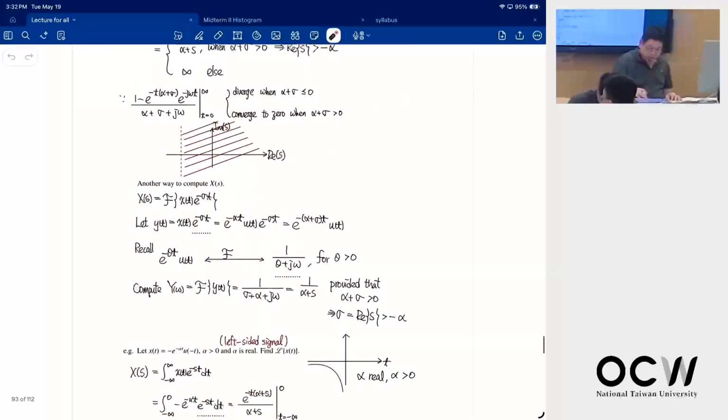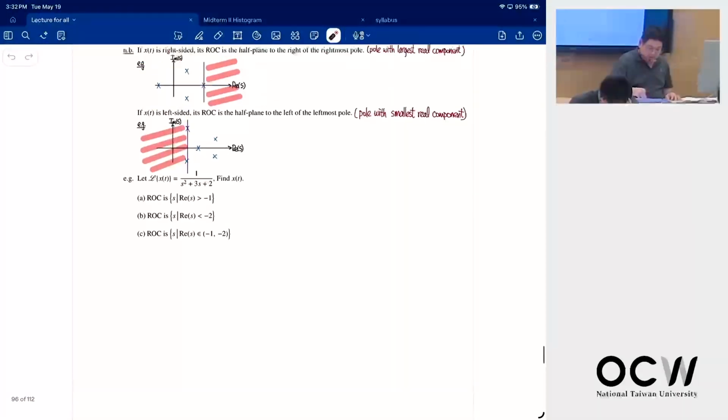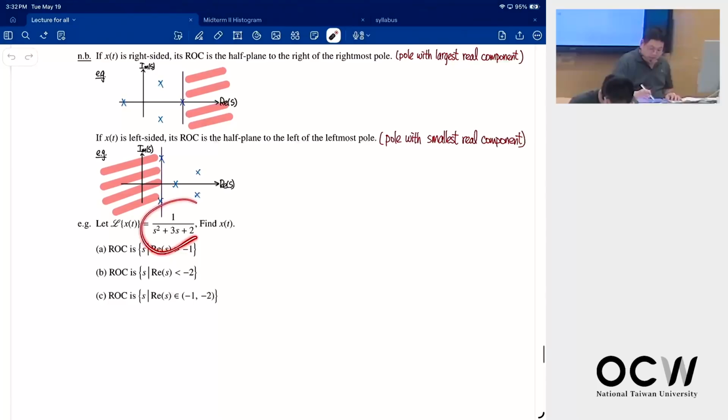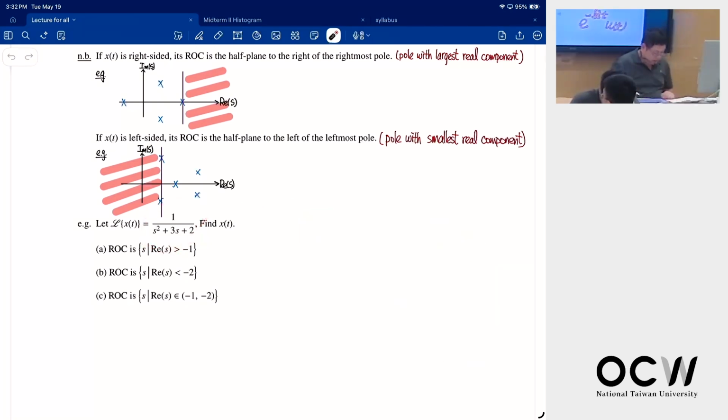So here we can do the fraction expansion to make the Laplace transform as 1 over s plus something, or 1 over s minus something. Then we know that it is e to the minus alpha t u(t). Okay, so first let's do the fraction.